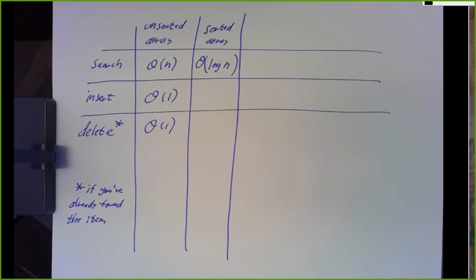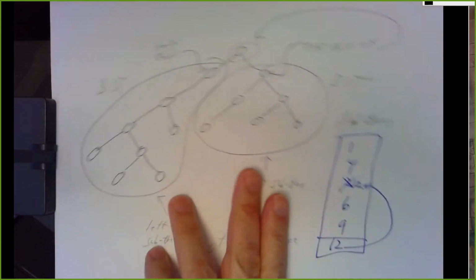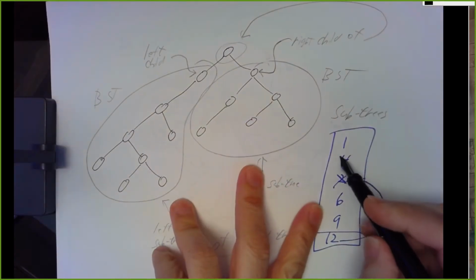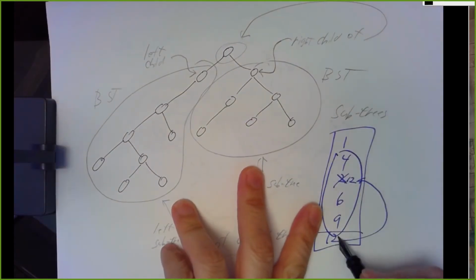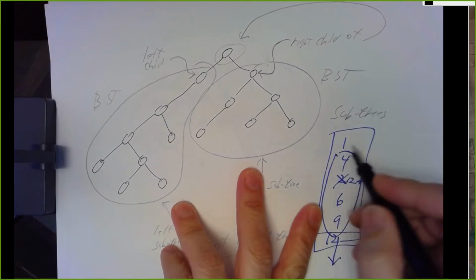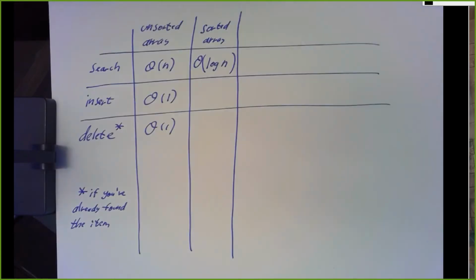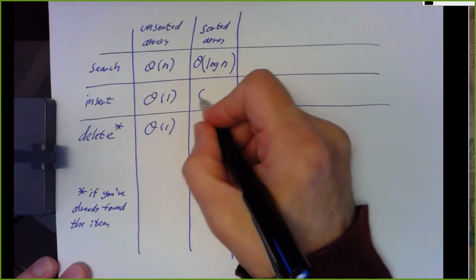So this is really nice for search, but then what happened to our insert and delete times? Those went up, because now if I want to insert something right here, I've got to take all of this and move it down to open up space for the new thing. So that's order n.